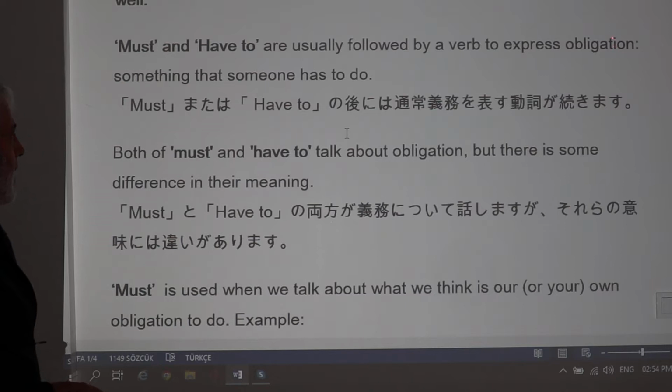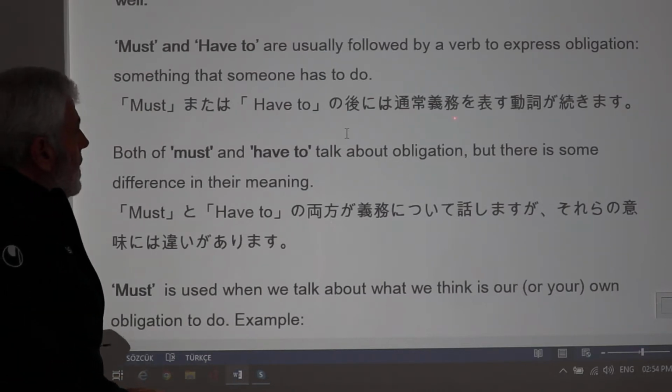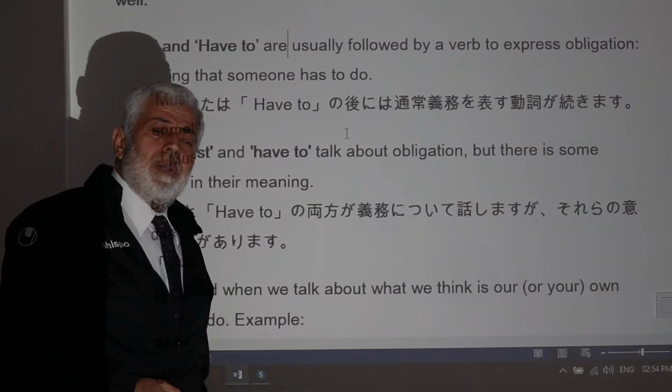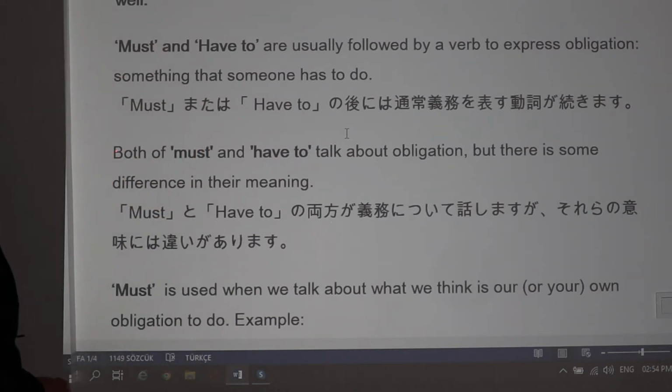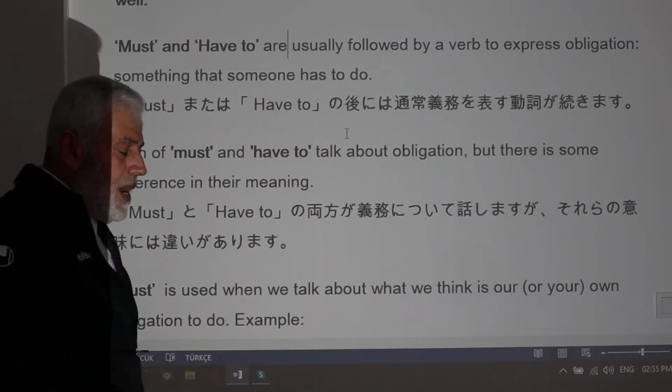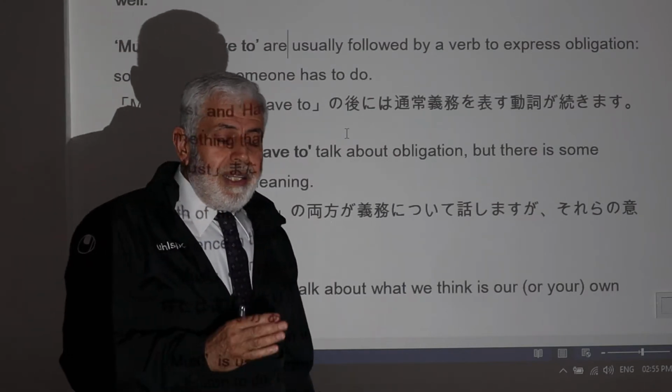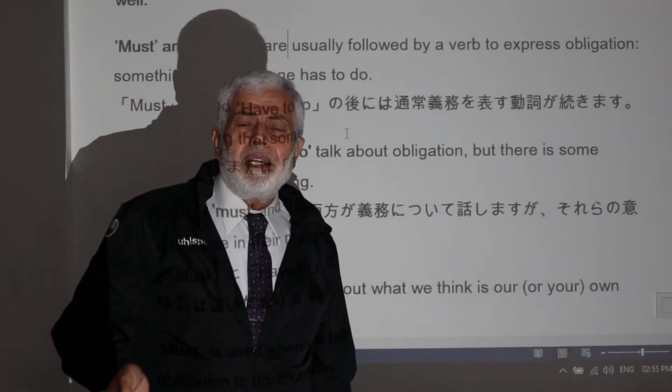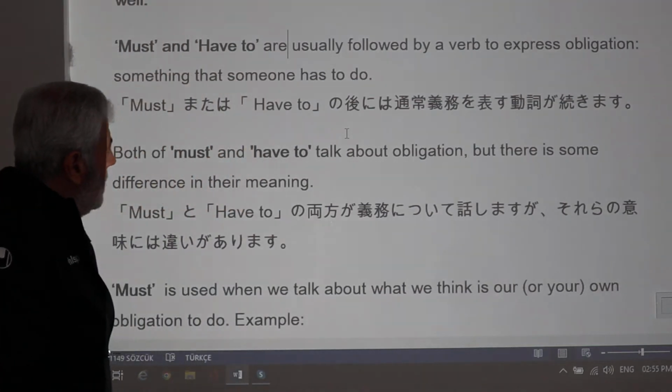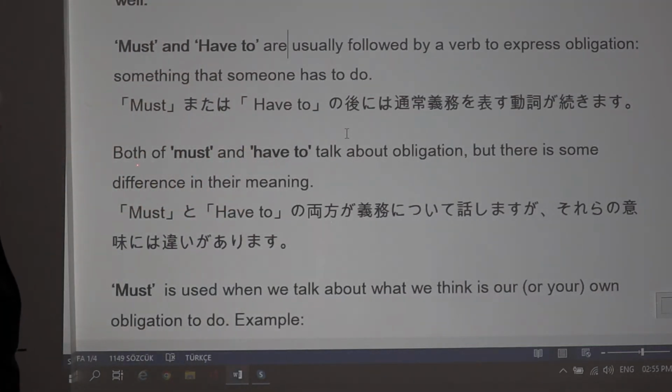So, must and have to are usually followed by a verb to express obligation. Must または have to の後には、通常、義務を表す動詞が続きます。例えば something that someone has to do、誰かがやらなきゃならないこと、こういうことになります。Both of must and have to talk about obligation.